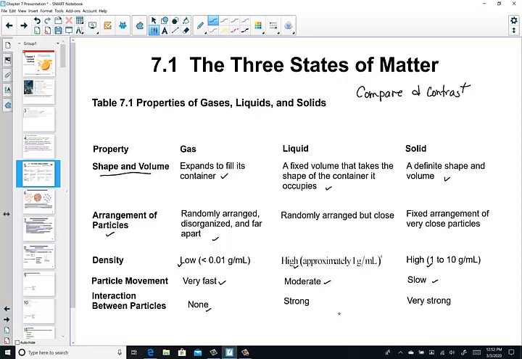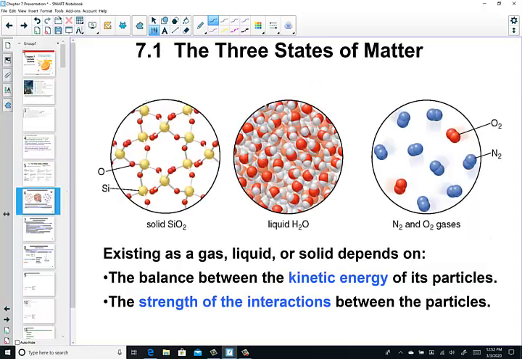As we compare the molecular action of molecules, here's the same thing visually. Here's solid silicon dioxide, a major component of sand. We see that solids are very highly organized and held in fixed positions.